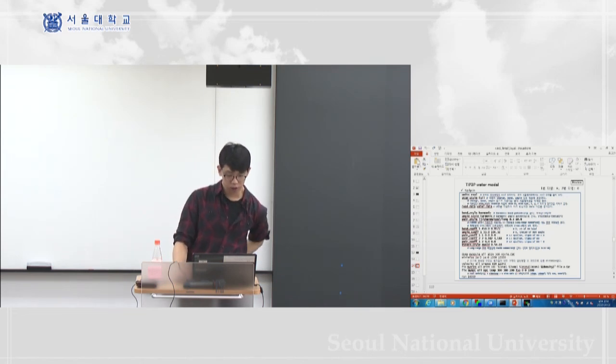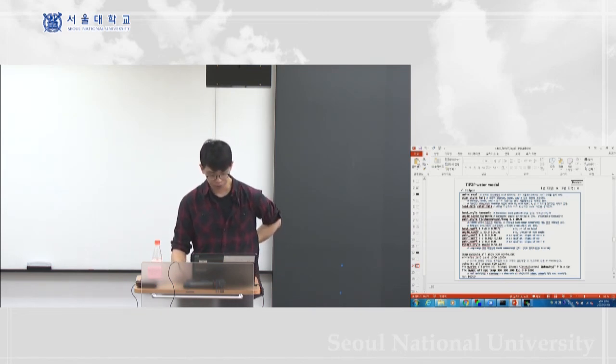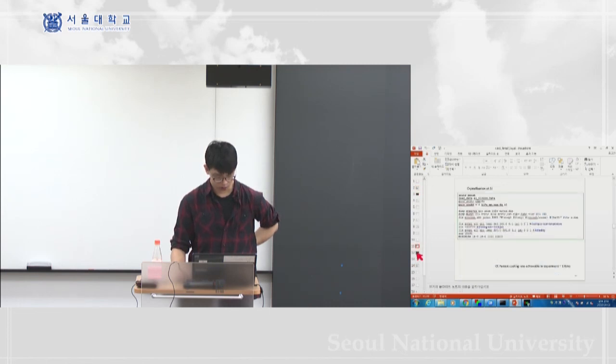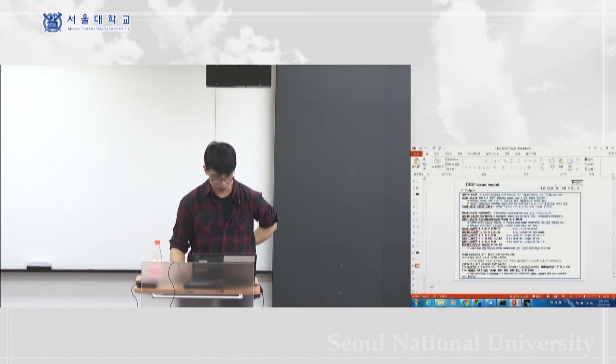And the next command is going to be atom style full. We didn't use atom style in the previous input files, so it was atomic.